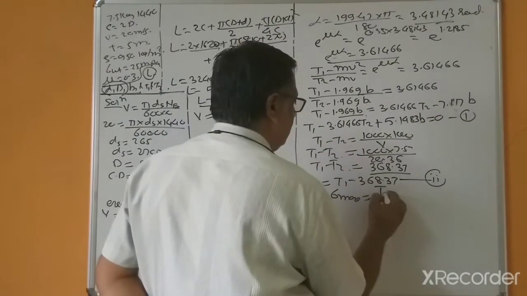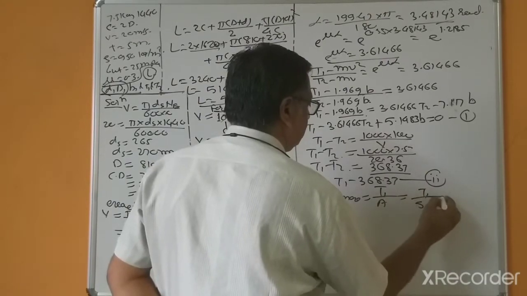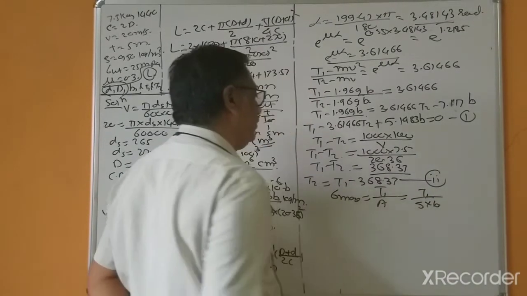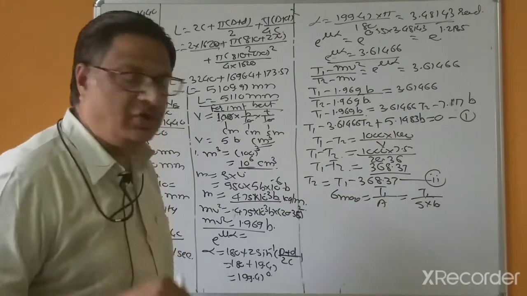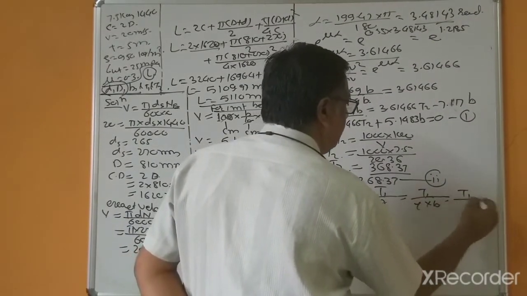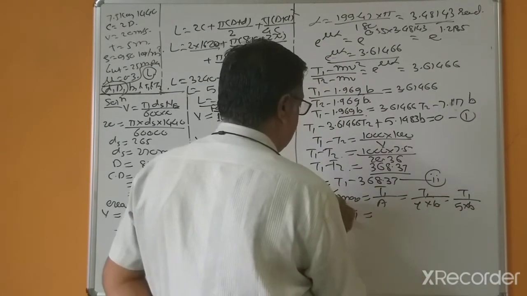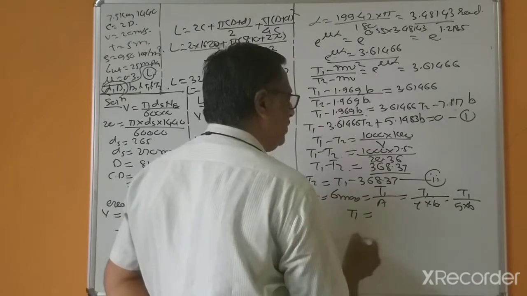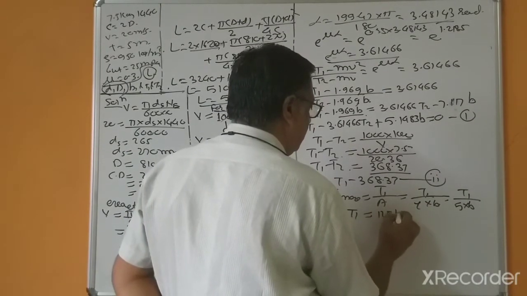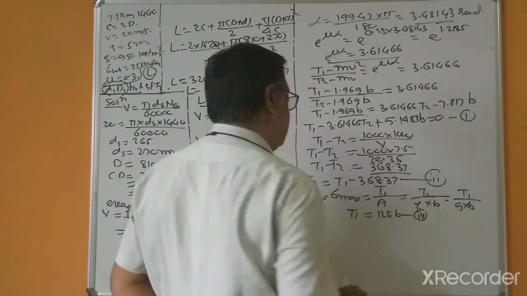And third equation, this is T1 divided by... because thickness equal to 5 or otherwise area equal to, so you may be confused. T1 equal to 125 into B. This is your third equation.